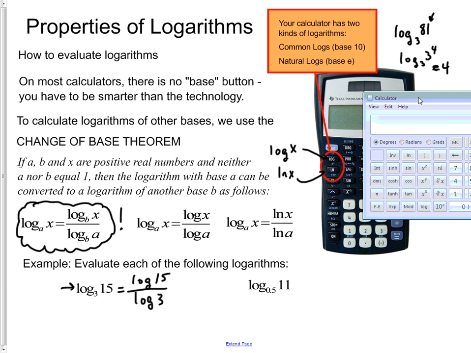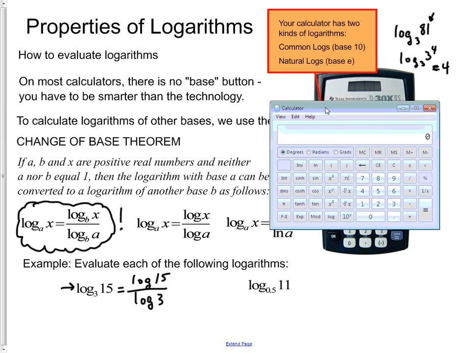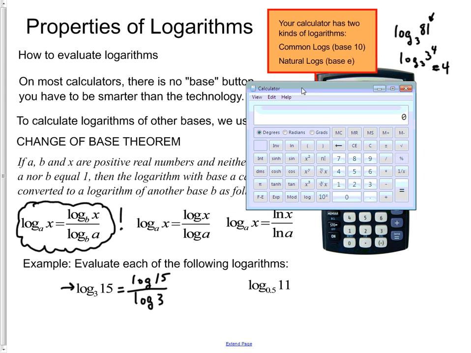So bringing up my calculator, I'm using a Windows calculator instead of the TI calculator here. If I use my Windows calculator, that means I'm going to take my logarithm base 10. So I'll take 15, I'll take its logarithm.